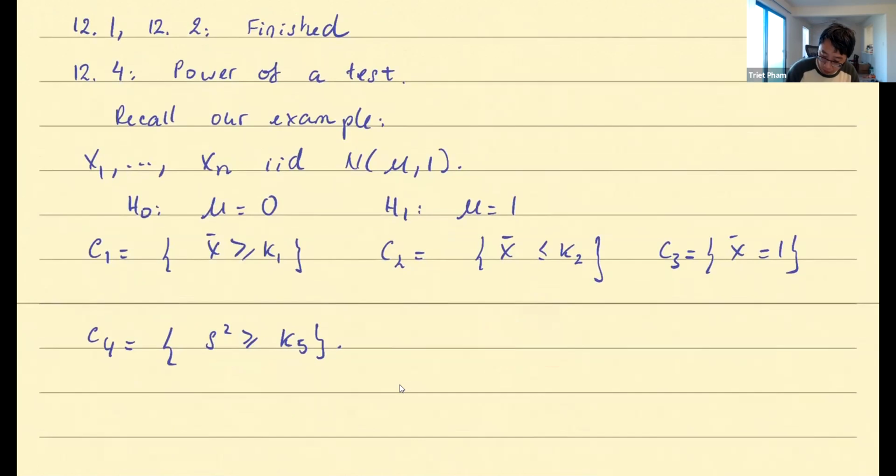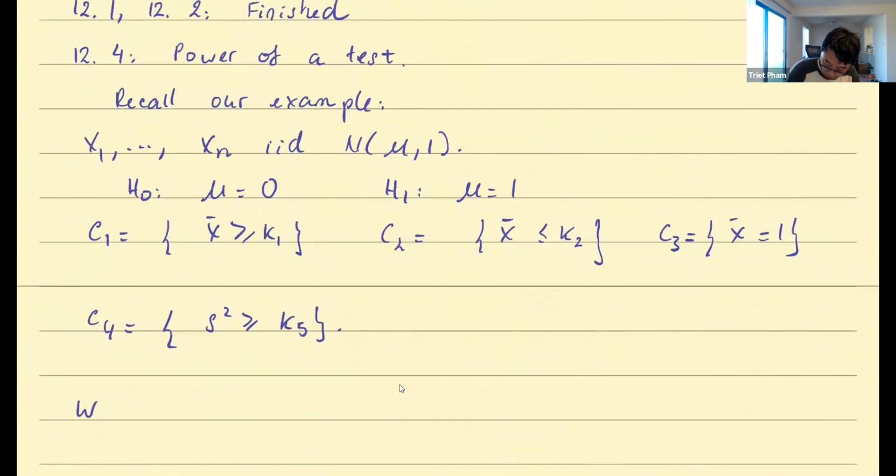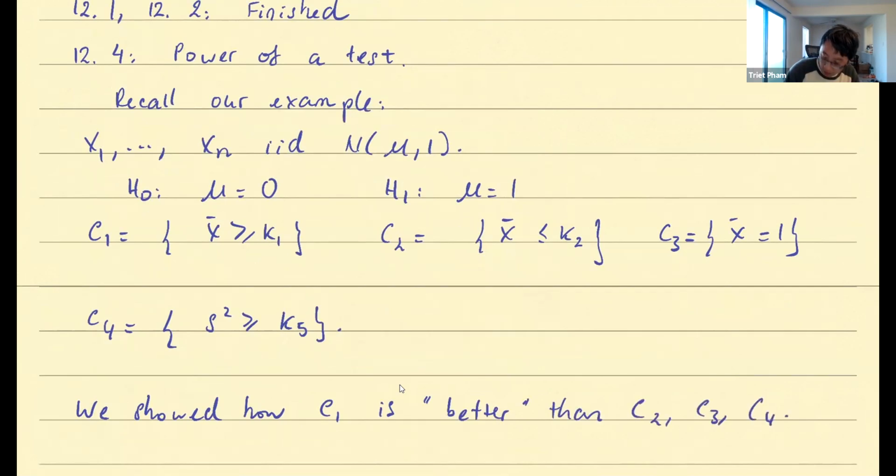We pointed out that we showed how C1 is better than C2, C3, and C4, right? And try to recall why, right?